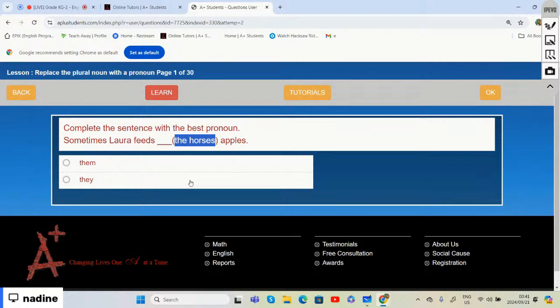If we replace the noun horses, which one is correct? Option one or option two?